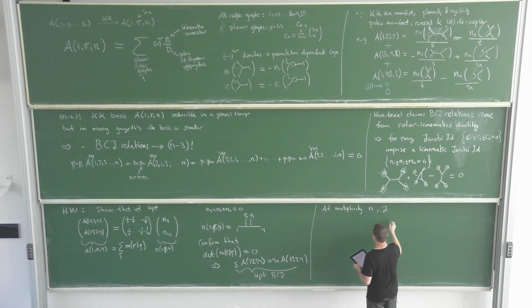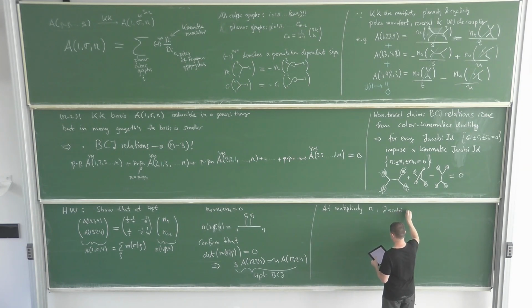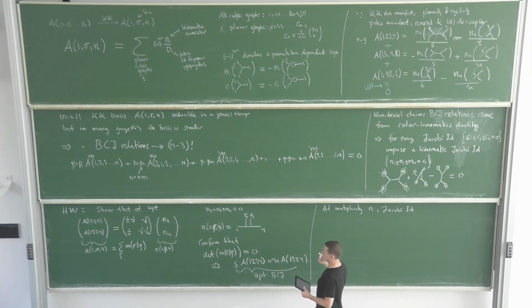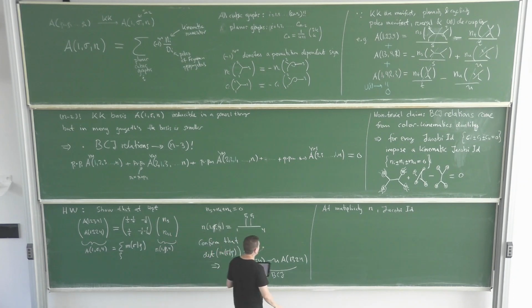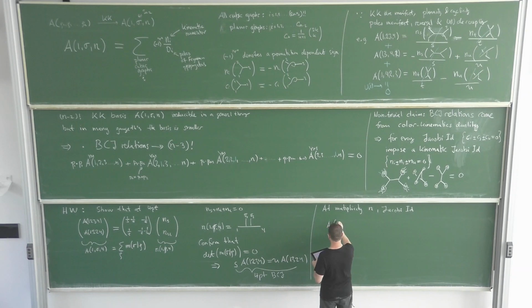So at multiplicity n, using the Jacobi identity to reduce the numerators will give you a matrix, and that matrix will be degenerate. So let me just write it again. I mean, it's exactly the same formula as I had over there.